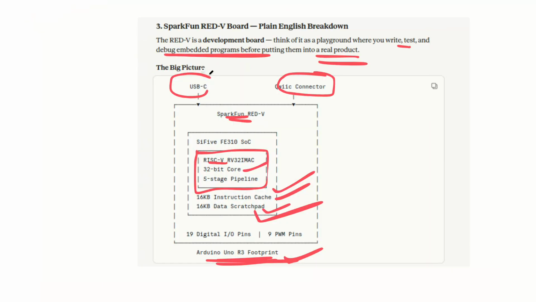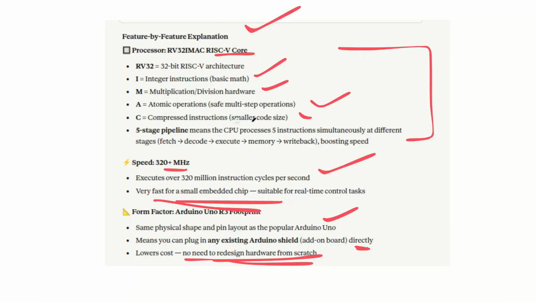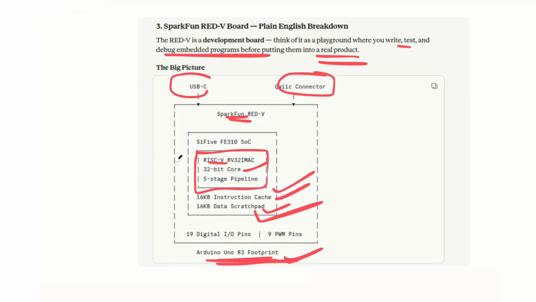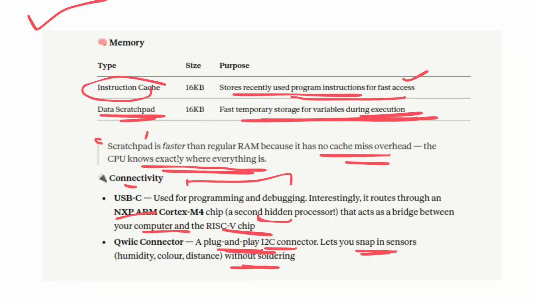The connectivity is the USB-C and Qwiic connector. USB is for programming and debugging. It actually routes through a second hidden processor, an NXP ARM Cortex-M4 chip. This acts as a bridge between our RISC-V chip and the computer. The connectivity between the RISC-V chip and the computer is done by this USB-C.